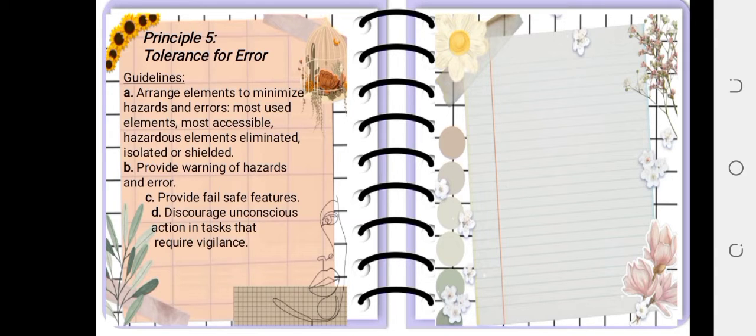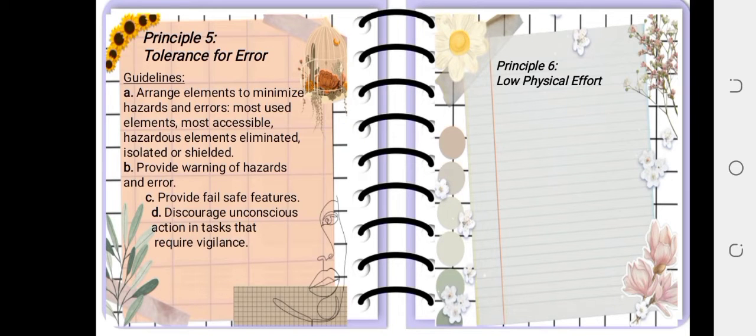Discourage unconscious action in tasks that require vigilance. So the design minimizes the hazards and the adverse consequences of accidental or unintended action. For example, a hallway is free of protruding objects at a height where they would not be detectable by someone with a visual impairment who uses a cane.